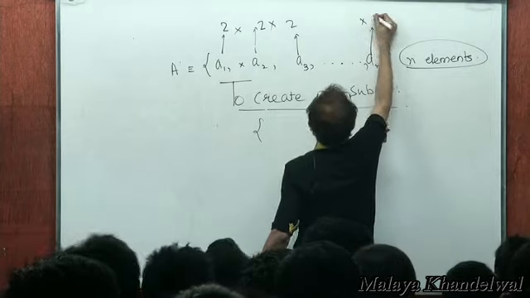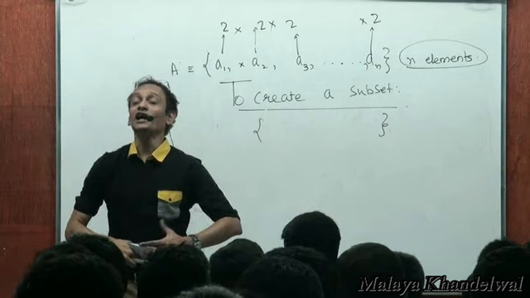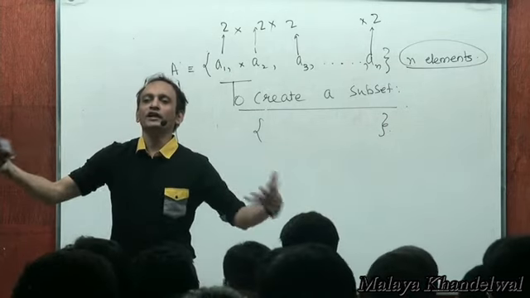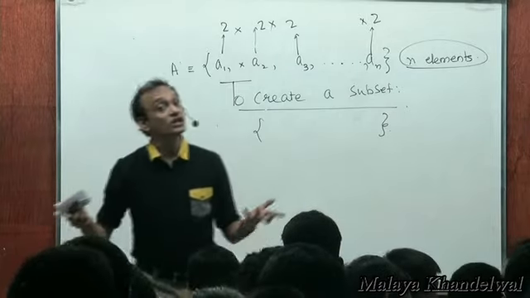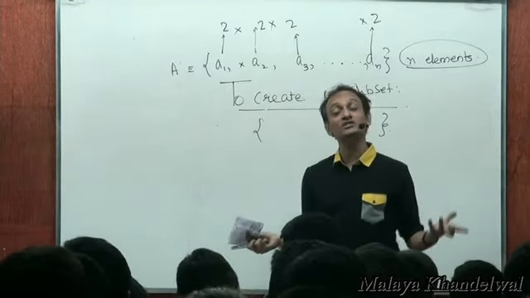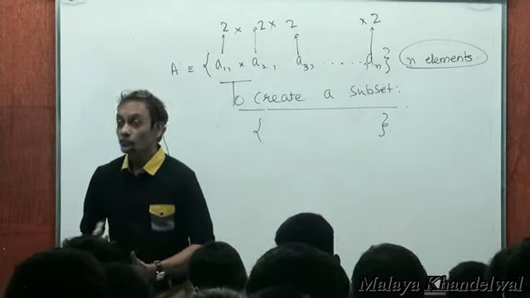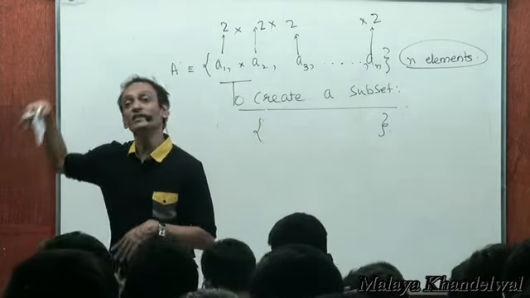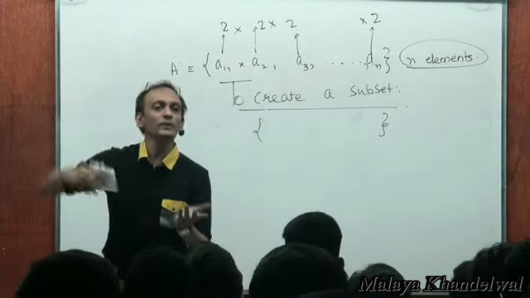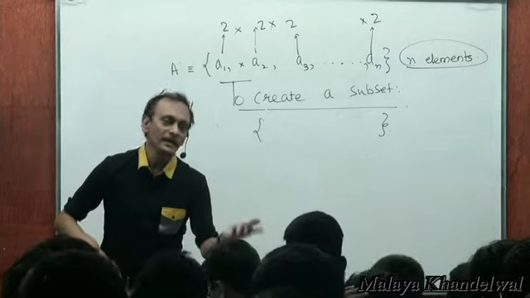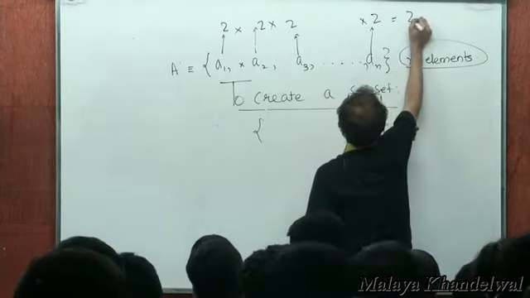How many ways of dealing with An? Two ways. So the entire set of events involved towards creation of the subset is event 1 times event 2 times event 3 times event 4 up to event n. Event 1, two ways. Event 2, two ways. Event 3, two ways. Event n, two ways. So that makes it 2 to the power n.